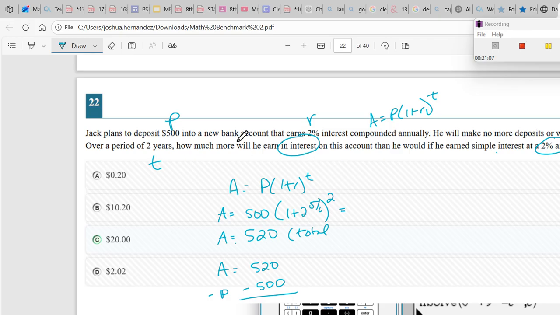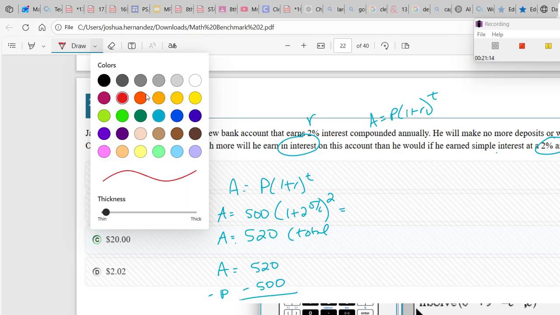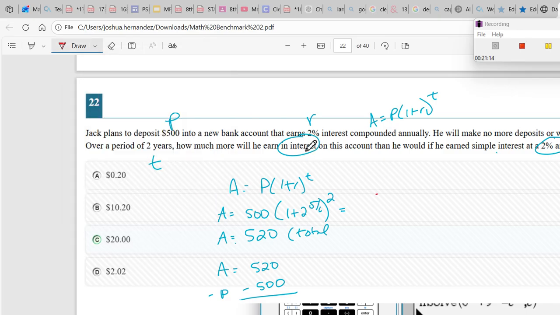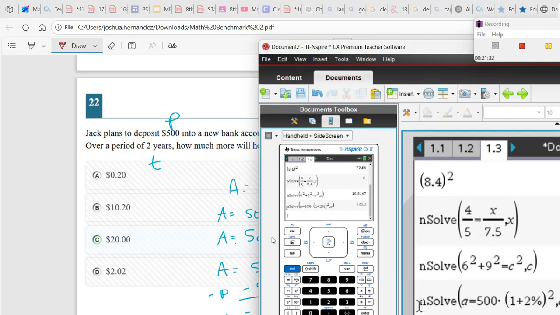So in the compounded account, you've gained $20 of interest. Now we're going to try to see what happens if we put in simple interest. So simple interest would be I equals P R T, I equals, again, 500, 2%, and the term of 2.